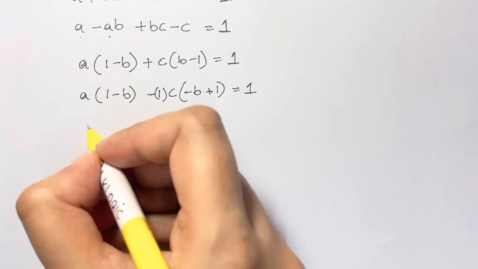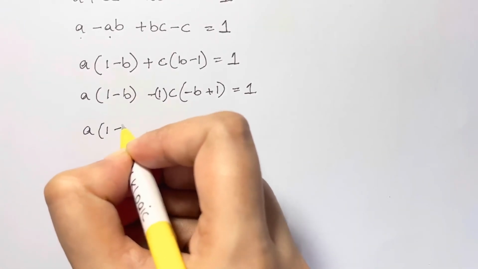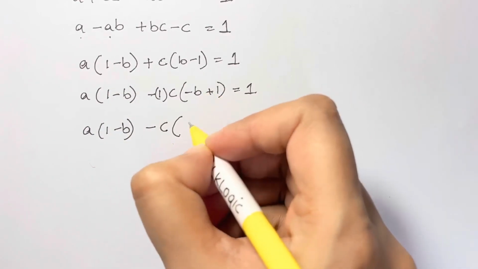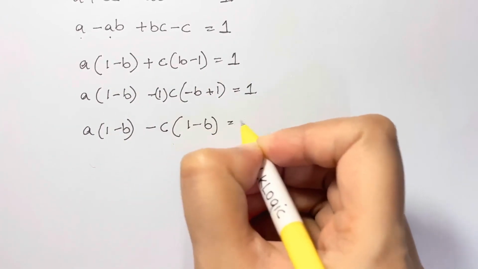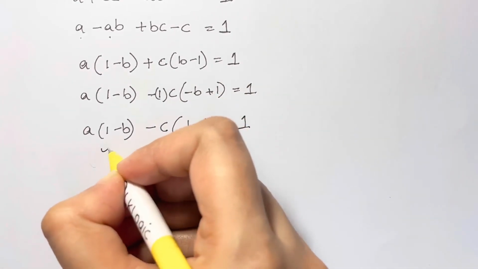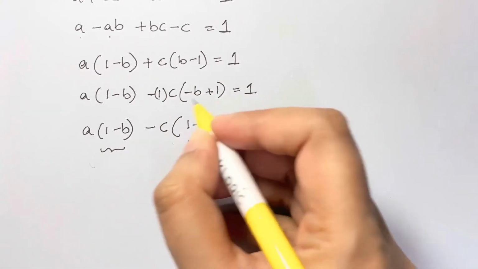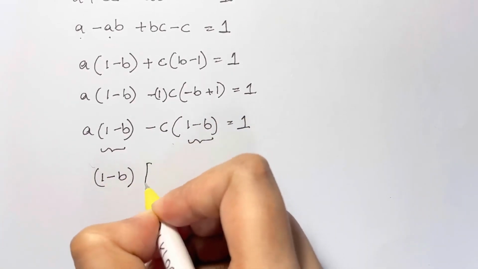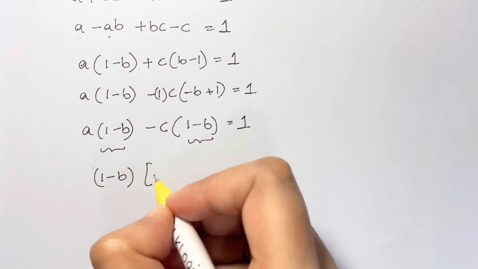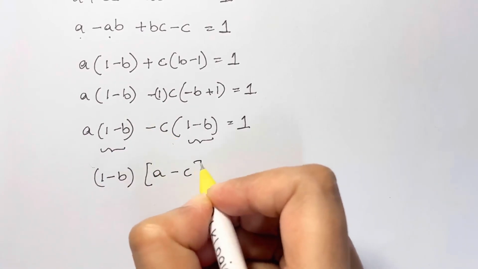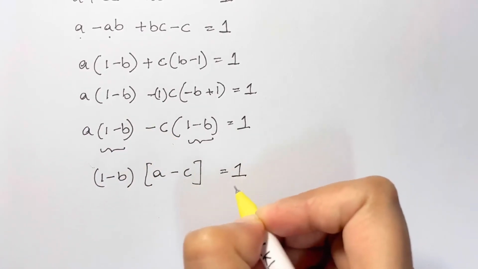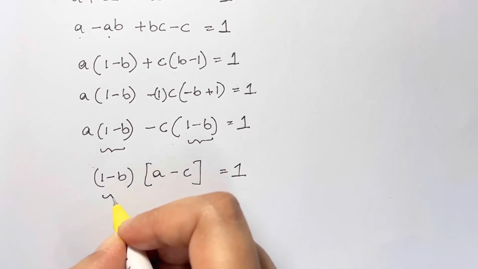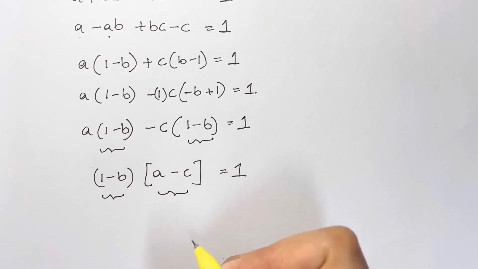Now I can write it as A into (1 minus B) minus C into (1 minus B) is equal to 1. Now they are same. These terms are same, so I can take it out as common. So I have 1 minus B taken out. Now what is left? A and here minus C, which is equal to 1.